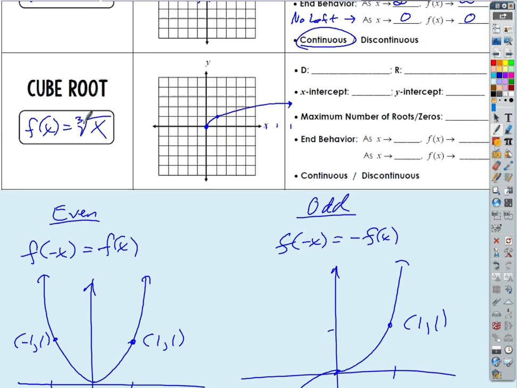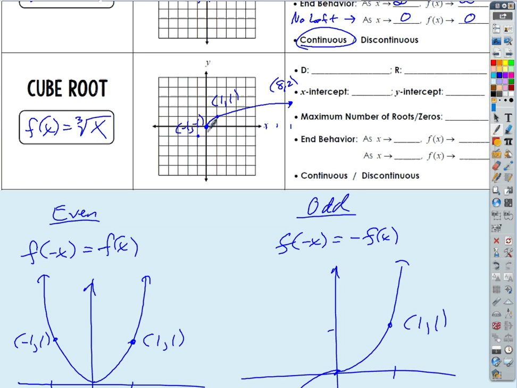So what is the cube root of negative 1? Negative 1. How come? Because negative 1 cubed is negative 1. Think about that. Negative 1 times negative 1 is 1. Times another negative 1 makes it negative 1 again, right? So we've got the point 1, 1. We have the point over here, 8, 2. Here we have the point negative 1, negative 1.